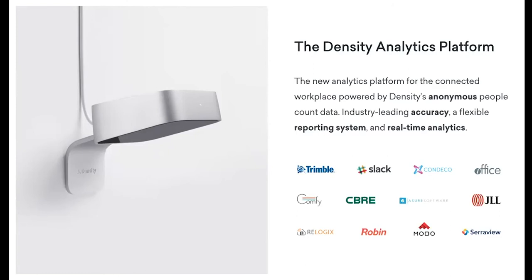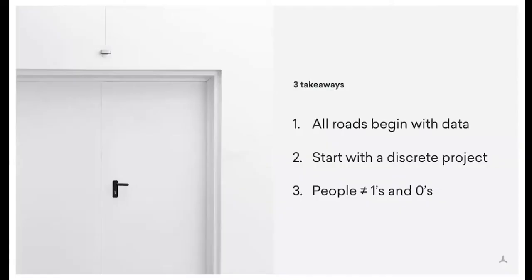If you believe that the workplace should be user-centered, centered on your employees, then you should have a sense of how many people are in different spaces and in every application that you use. So we're seeing more and more of our data being piped into all of these systems, and not just on our own dashboard analytics.